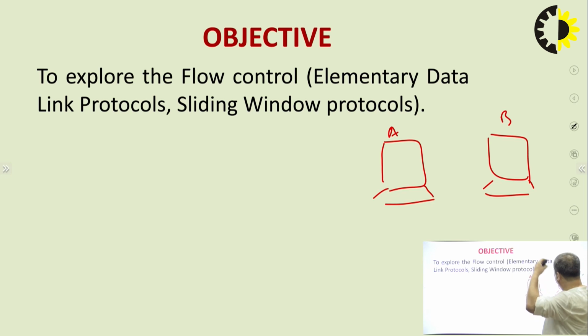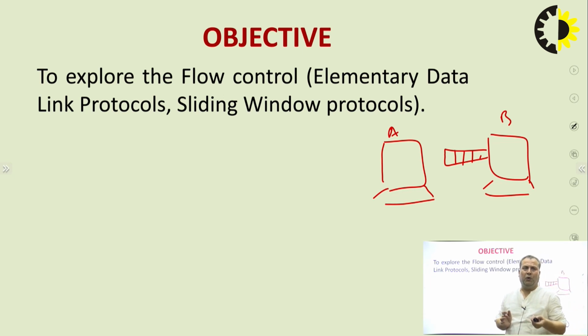There will definitely be a waiting queue, and due to the waiting queue B would have to wait, so dropping of packets will occur. If there is a mismatch of speeds, this is a problem, and packets, frames or data could be lost. So there must be some technique which controls the flow of data.